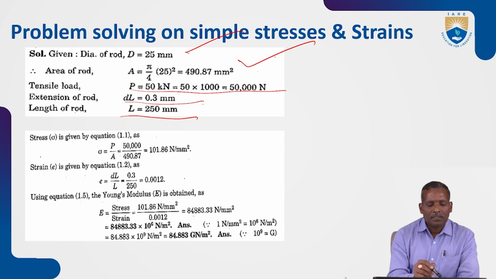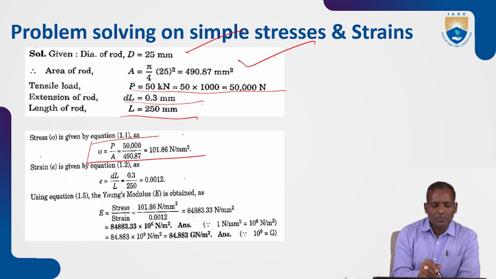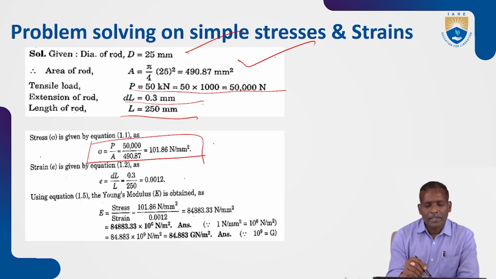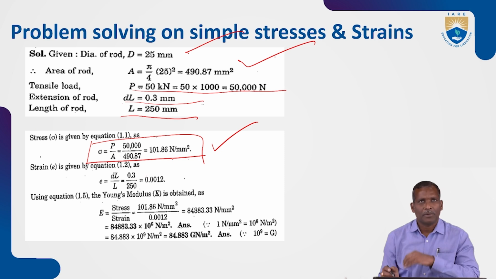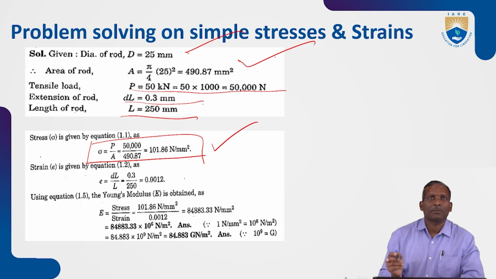So the stress is equal to load per area. Load is 50 into 10 cube newtons, and then the area is π/4 d square. Calculate, you will get 490.87 mm square.